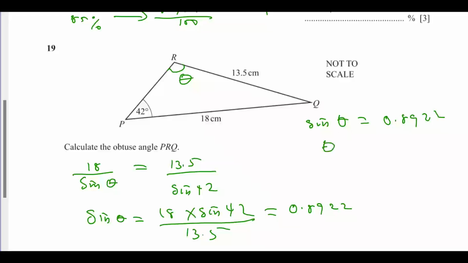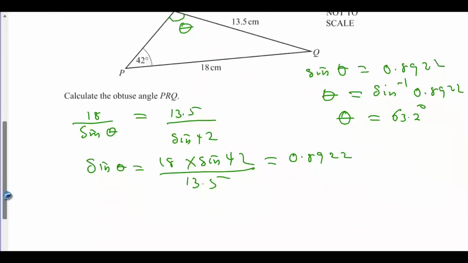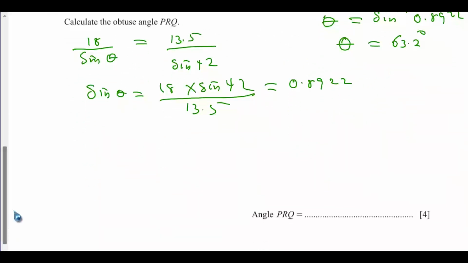If you take sine inverse of both sides, you have theta equal to sine inverse of 0.8922, and theta will be equal to 63.2 degrees. So that will be the value of theta. That implies that angle PRQ equals 63.2 degrees. So let's go to the next question.